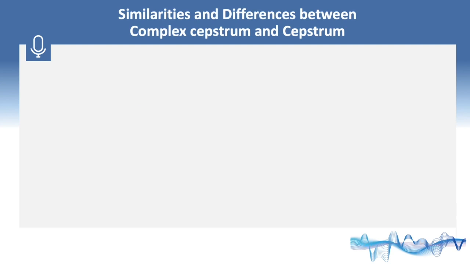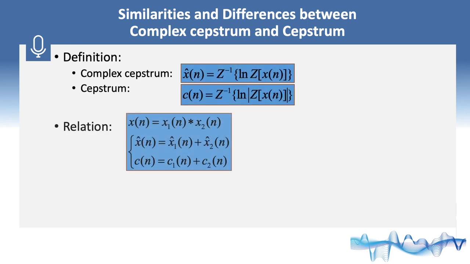Let us investigate the similarities and differences between complex cepstrum and cepstrum. They have a similar definition and relations. The convolution signal can be converted to additive signals through complex cepstrum or cepstral analysis.